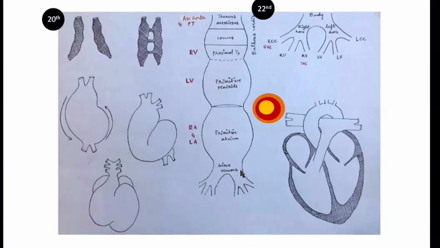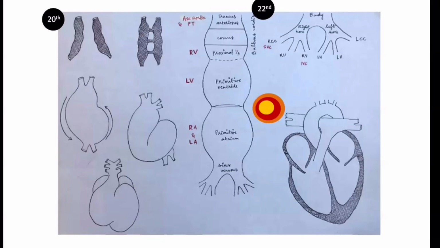Now the second stage. The second stage is called the looping of the heart. What happens in the looping of the heart is that all these changes which happen to the tubular heart happen within a limited space of the pericardium. Because of this, the tubular heart will undergo a series of twists and turns, which is called the looping of the heart.